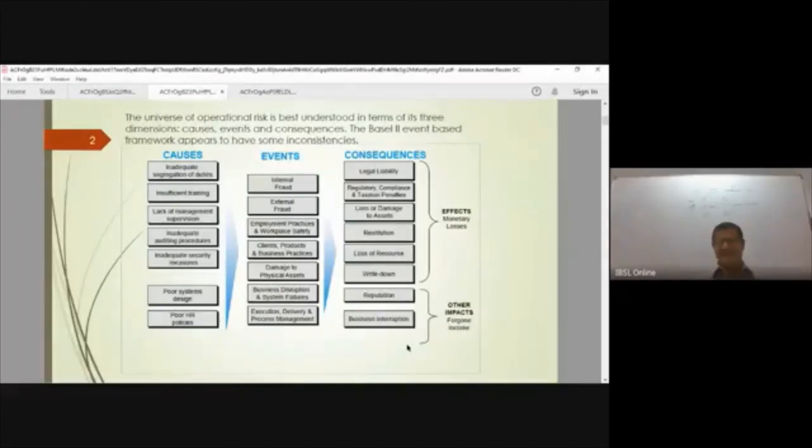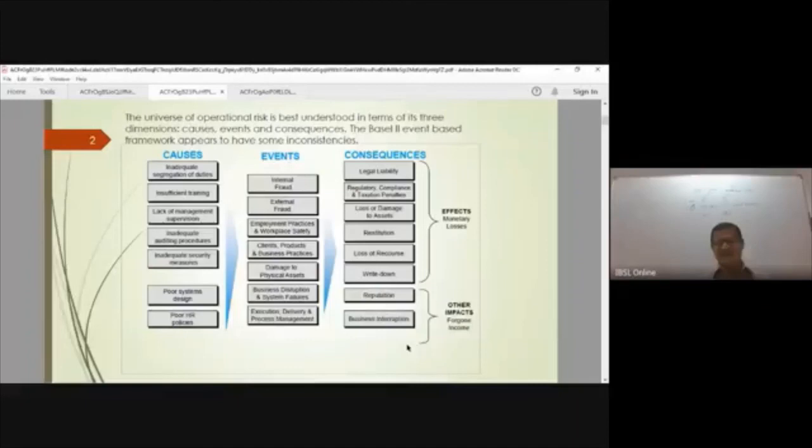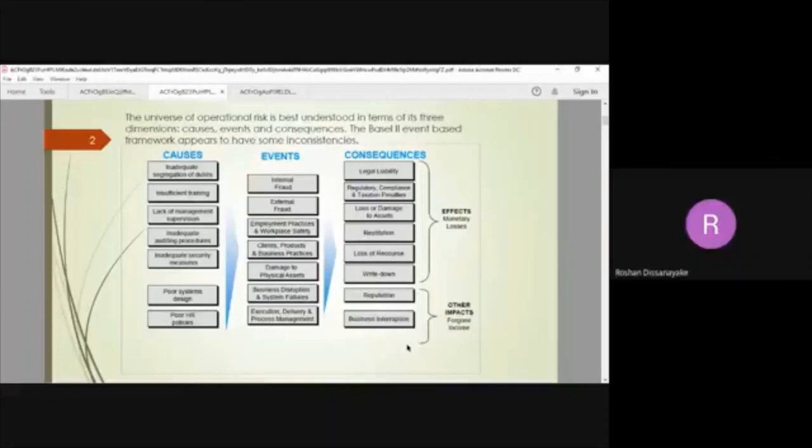The rest of the slides will tell us how you manage operational risk. Similarly, the same process of risk management will apply: identify, measure, respond, monitor, control, and report. So we will apply those 6 lines for operational risk also, and we'll see how we manage operational risk in a bank.